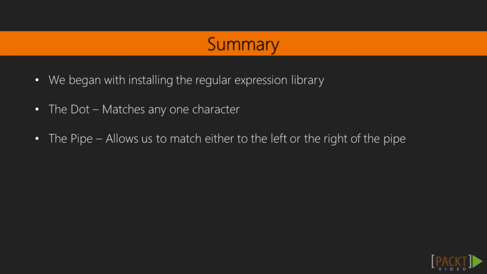It's time for our section review. So we began this section with installing the regular expression library, and we talked a little bit about the regular expression syntax. The dot matches any one character. The pipe allows us to match any expression to the left or the right of the pipe.